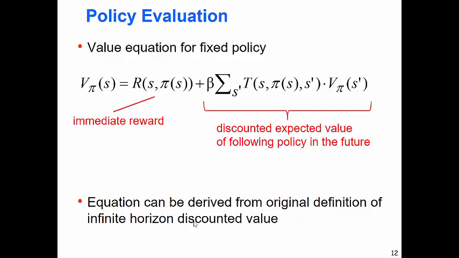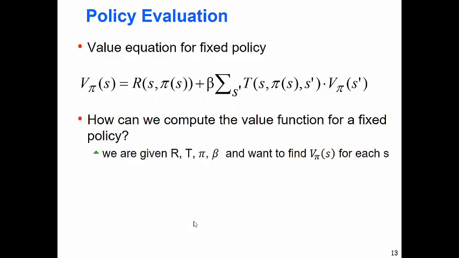All right, so here's our equation. Now I'm going to give you a policy, a discount factor, and the MDP, so all the MDP stuff. And I want you to give me the value function back for that policy. How big is the value function going to be in this case, if you think of it as a vector or a matrix?